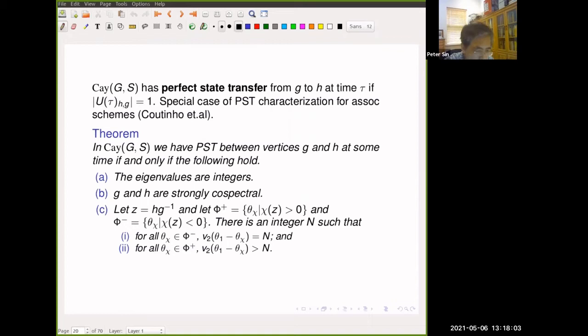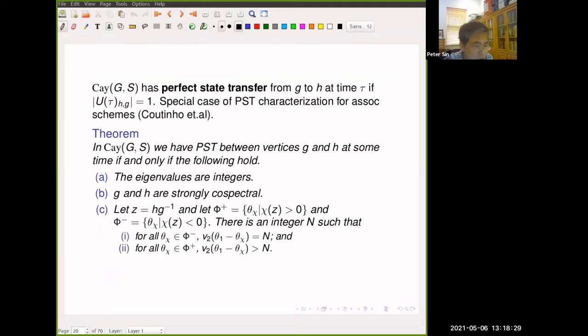Those have to all have the same two-part. For theta_chi in the phi plus part, they have to have bigger two-parts, not necessarily all the same, but bigger than the ones in phi minus. So these are the precise conditions for perfect state transfer in a Cayley graph.